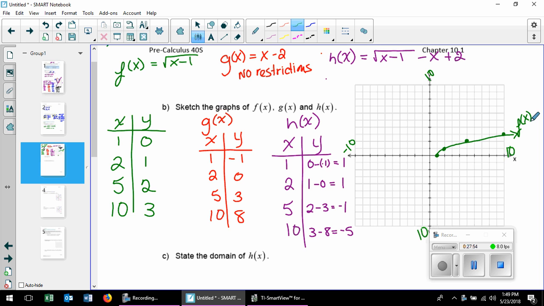Okay, that's still not a great bump, but it's a better bump. Did you guys remember seeing that? Oh, yeah. Totally. So this one is just a linear graph. So positive 1, negative 1, positive 2 and 0, 5 and 3, and 10 and 8.